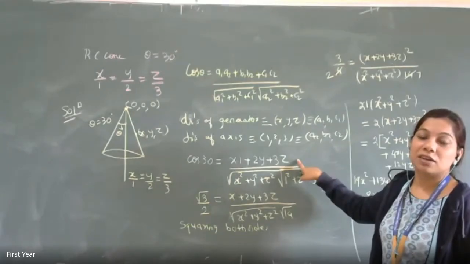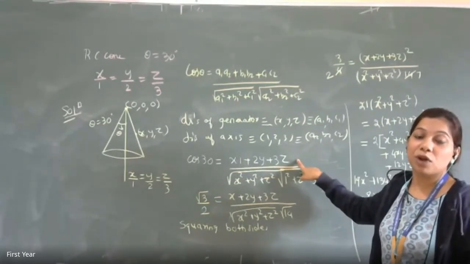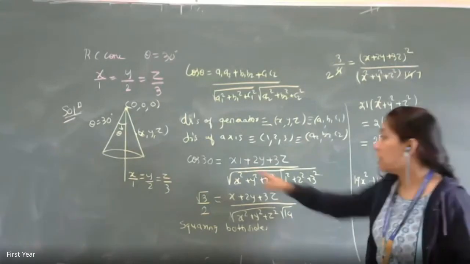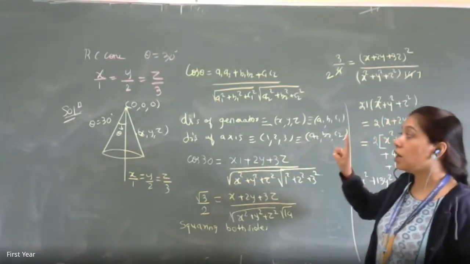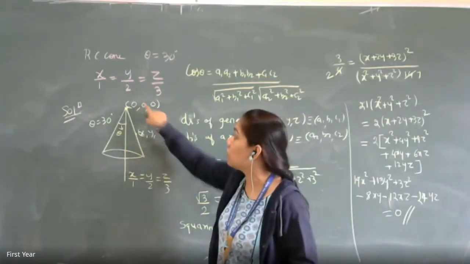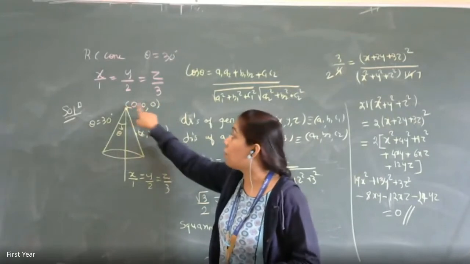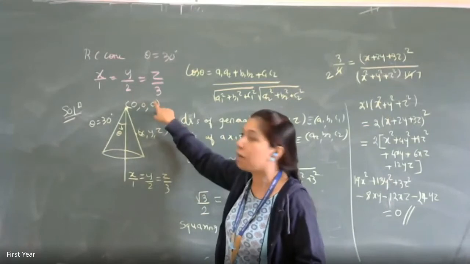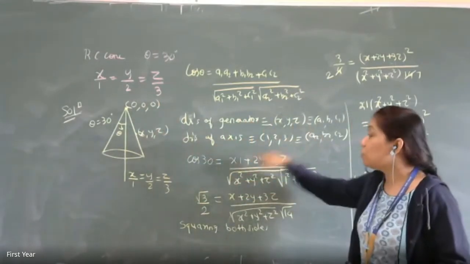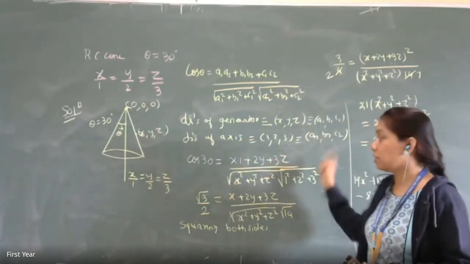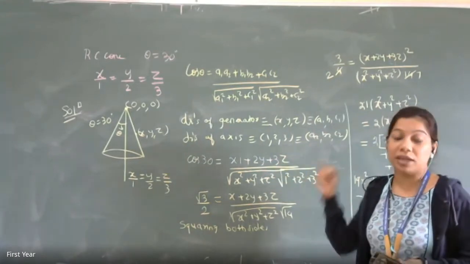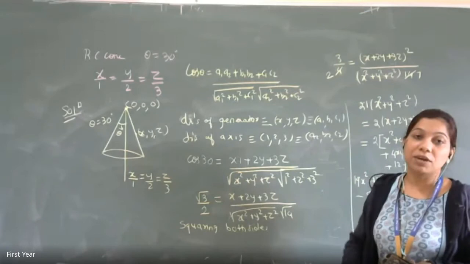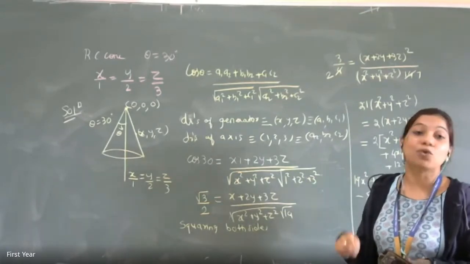If you look at the proof, you will find it very lengthy. But from this example it is very clear that x, y and z are present alone because it is x minus 0, y minus 0, z minus 0. If it was alpha, beta, gamma, then it would have been x minus alpha, y minus beta, z minus gamma, and then alpha into x, beta into y, gamma into z, and alpha square, beta square, gamma square terms will be there, so the degree 1 term as well as the constant term will be there, which won't make it homogeneous.